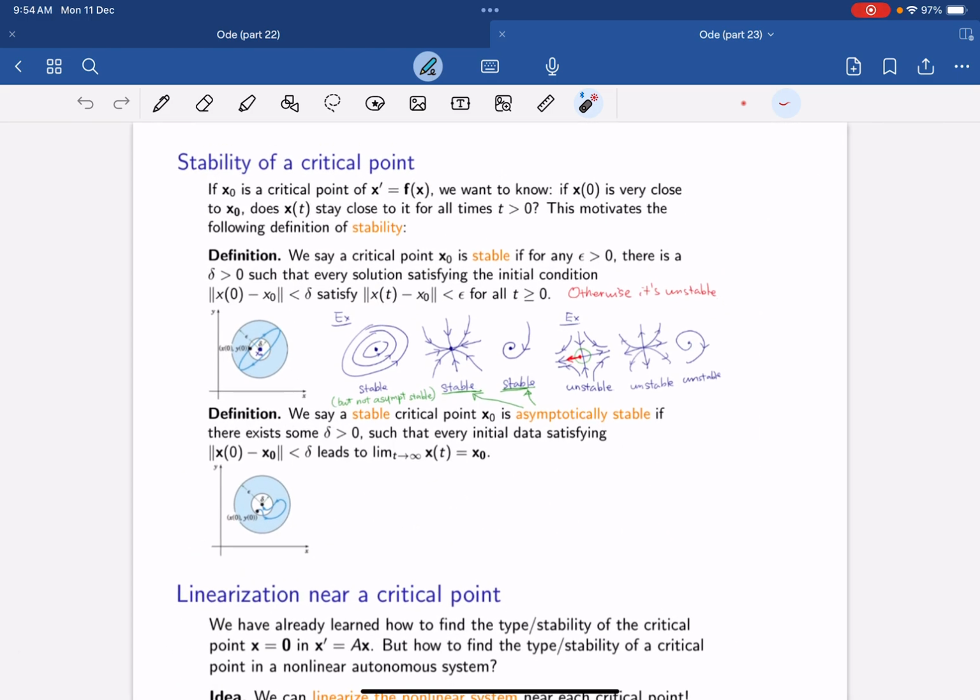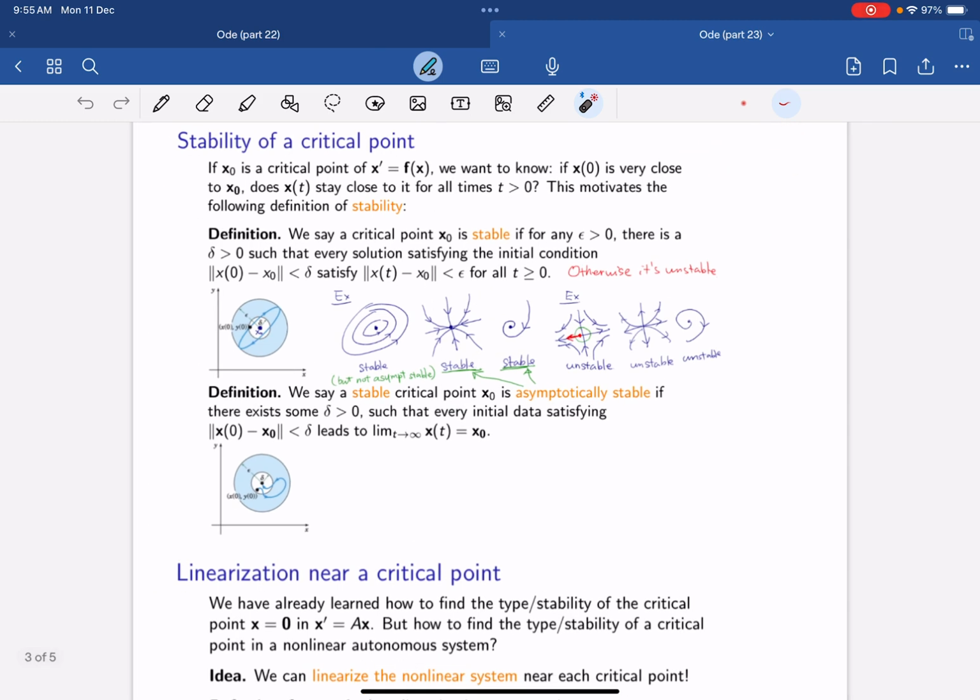So we ask what is the stability of this critical point, and so from our previous examples with the eigenvalues, we define the equilibrium solution x0 to be stable or unstable based on whether it goes to that point, or doesn't deviate much away.